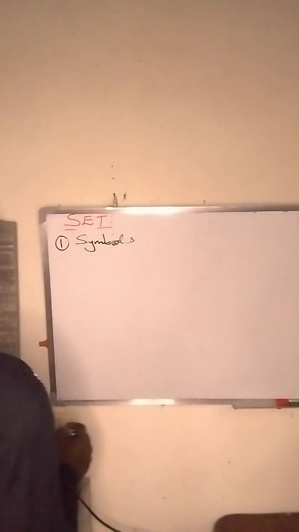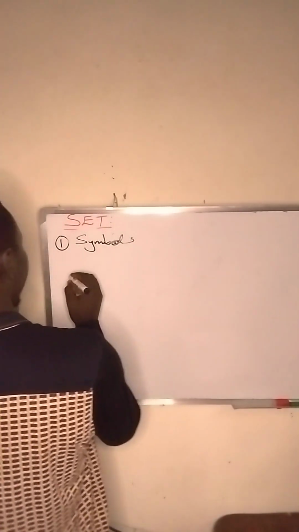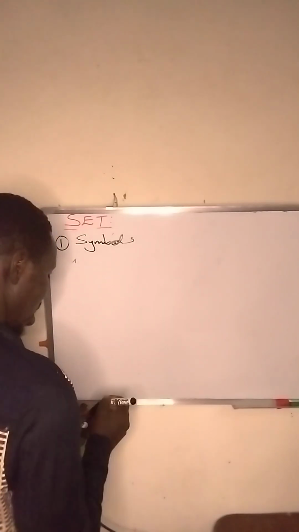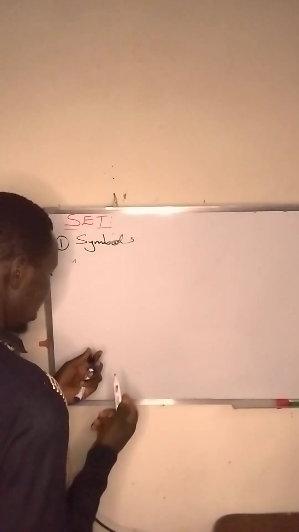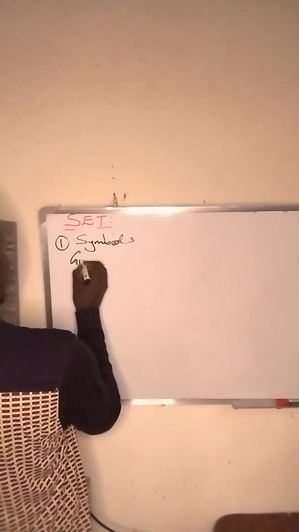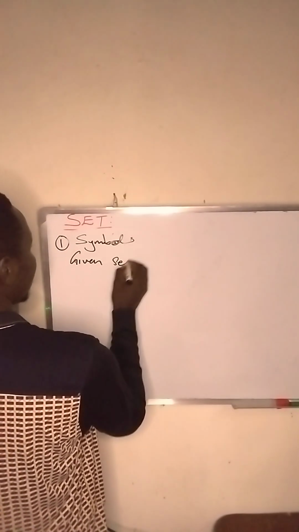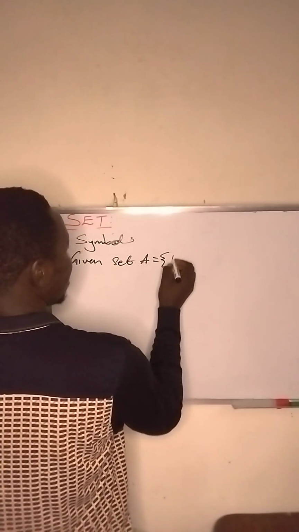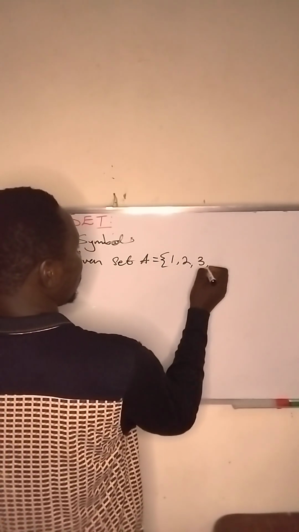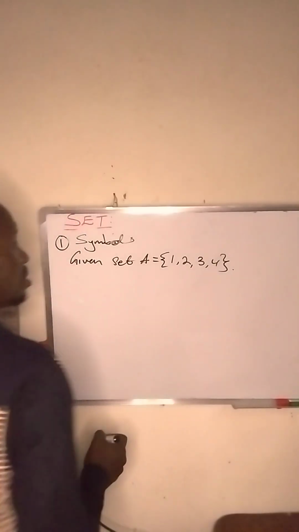For example, given a set A, if it is written like this, say {1, 2, 3, 4}, are you seeing those ones?